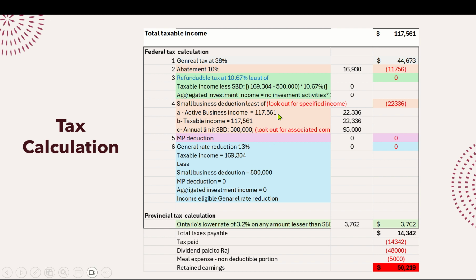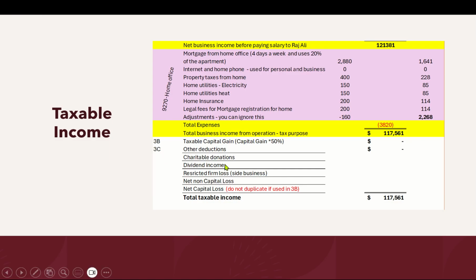So in this case, the taxable income or the active business income is lesser. The reason I showed you earlier, the corporation doesn't have any dividend. It didn't earn any dividends from other company or from public markets or private company. They didn't. So, and there is no interest income either. Okay.